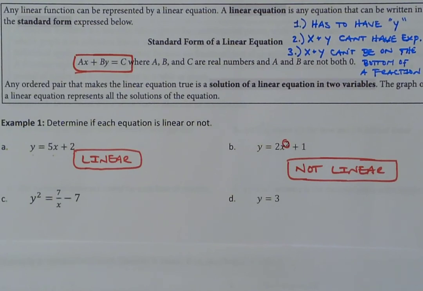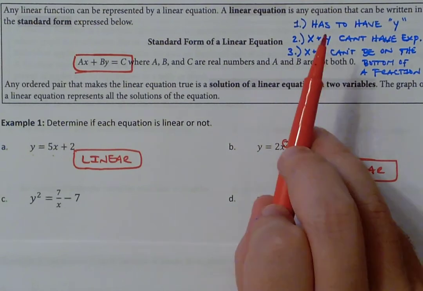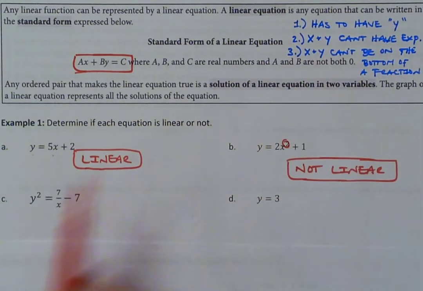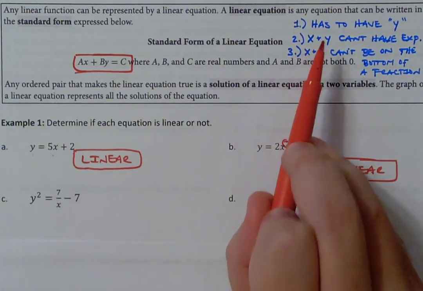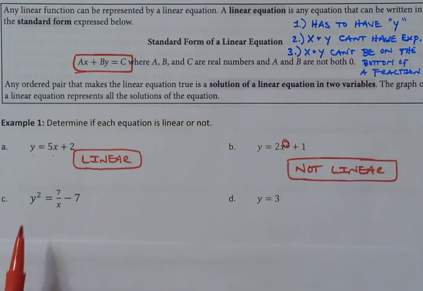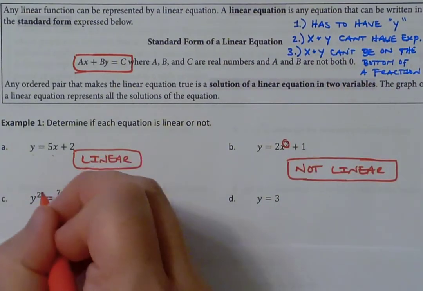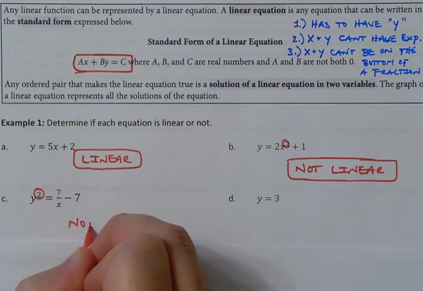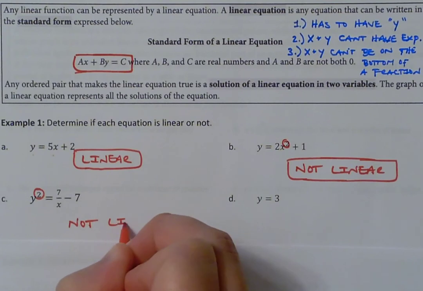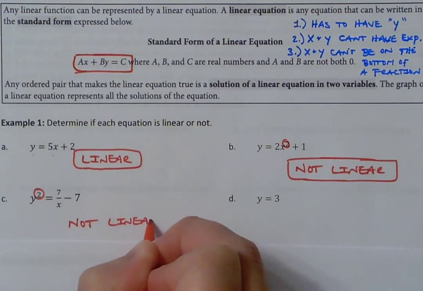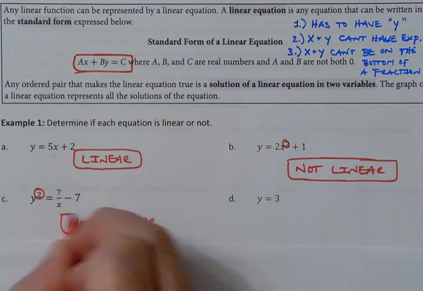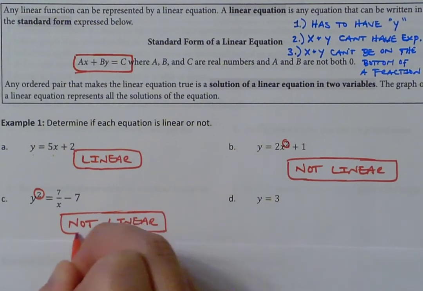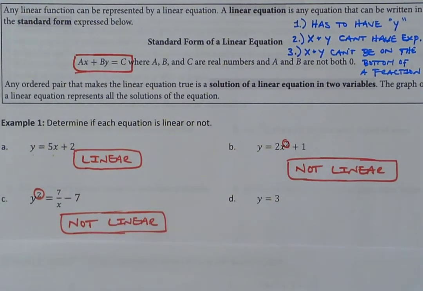All right, for C, first thing, does it have a y? It does have a y. Do x and y have an exponent? X or y does have an exponent. So I instantly know that this is not linear because I cannot have y to the power of 2. X and y cannot have an exponent.